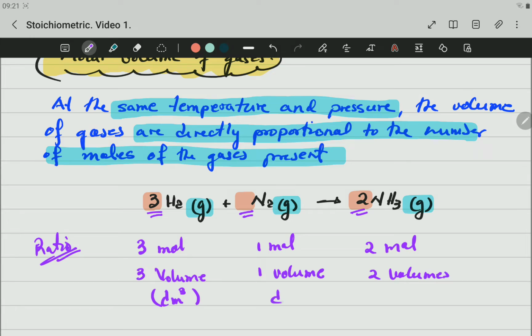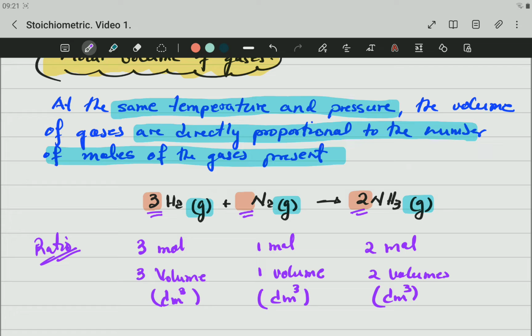If it's in cubic decimeters, then everything must be in cubic decimeters. For example, if you have 3 cubic decimeters of hydrogen, you need a minimum of 1 cubic decimeter of nitrogen to be able to produce 2 cubic decimeters of ammonia.